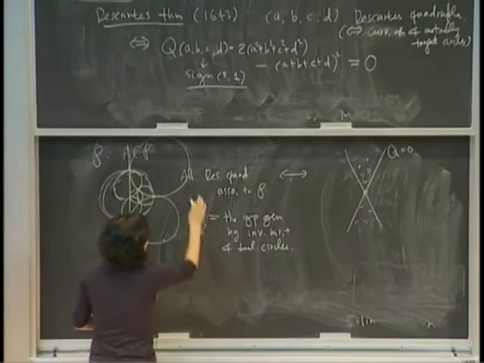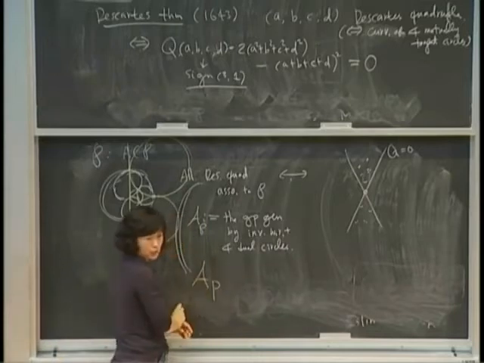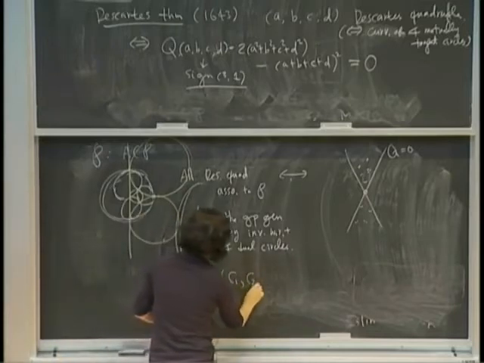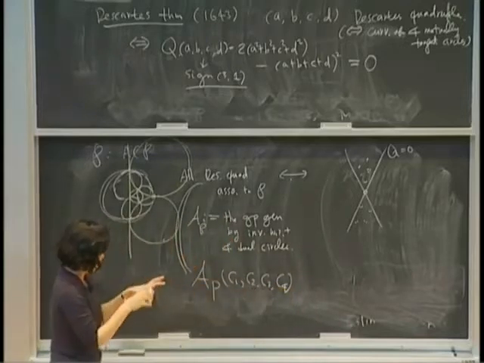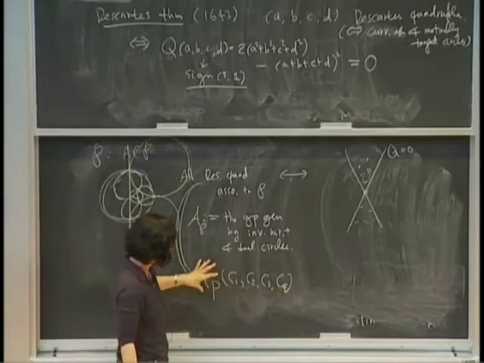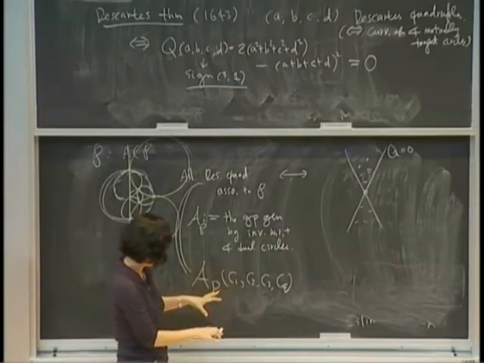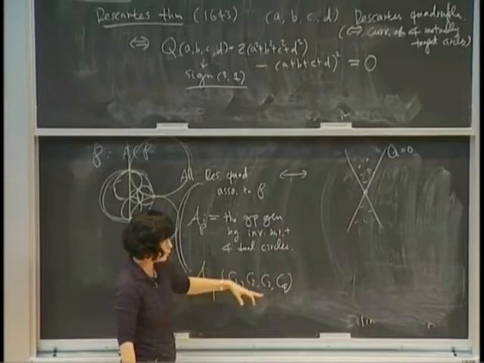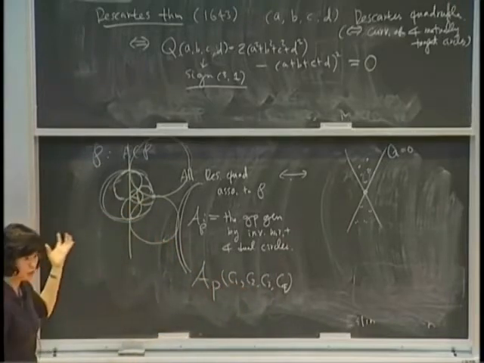So all Descartes quadruples associated to P turn out to be one orbit of this group of, say, C1, C2, C3, C4. So we fix 4 mutually tangent circles, and then you look at all the possible 4 circles which arise from the orbit of this Apollonian group. Then we get all the 4 mutually tangent circles coming from this P.